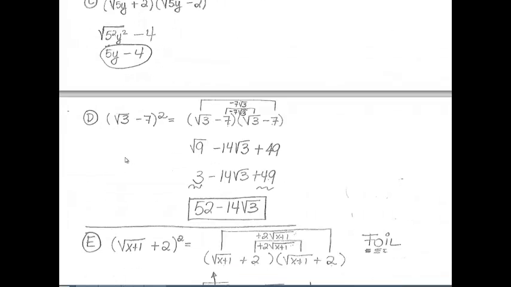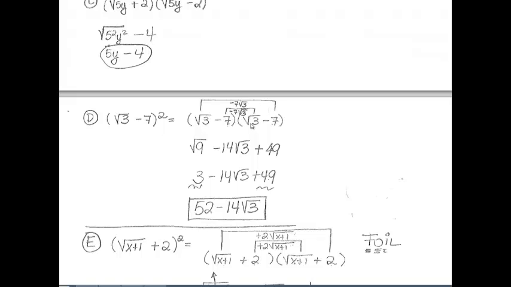Alright, let's go on to letter D. Letter D again is FOIL. So it's written in exponent form. What I like to do is just rewrite it: to the second power means you write it once times itself, and then all you do is apply FOIL.